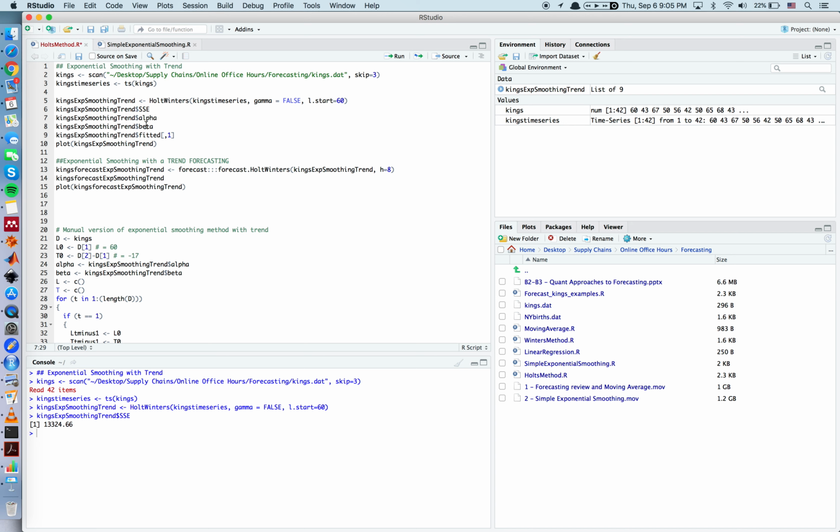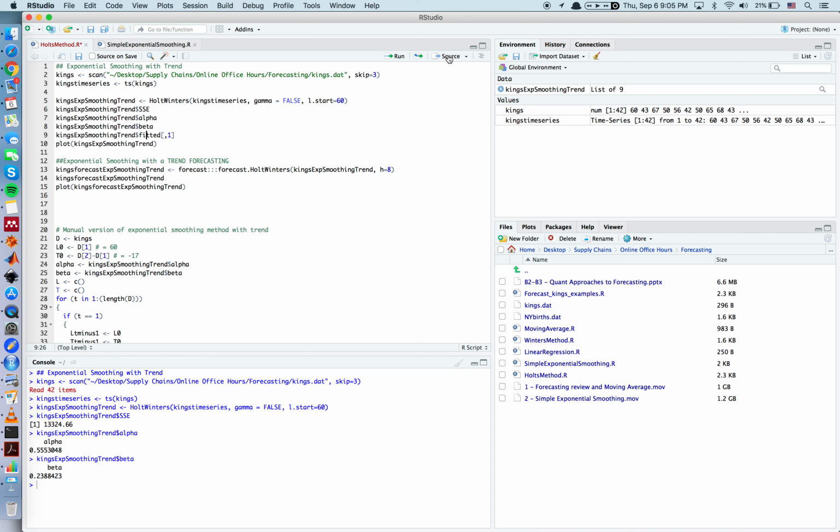So if you inquire about the value of alpha here, it's going to give you the optimal value of alpha, and together with beta, both of those together minimize the MSE. Beta is the same. Remember, both of these values are constants between 0 and 1.